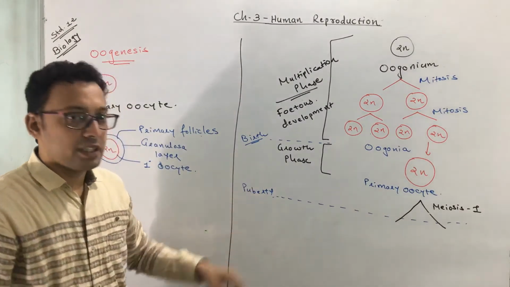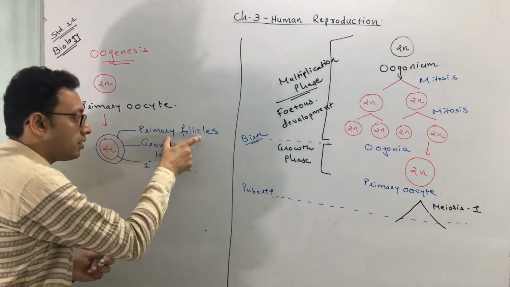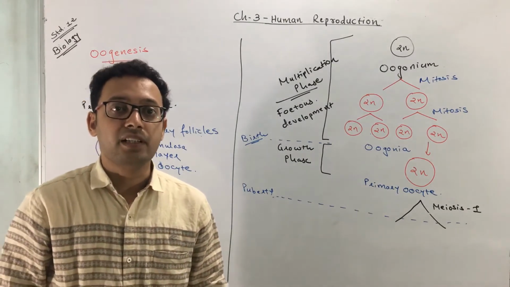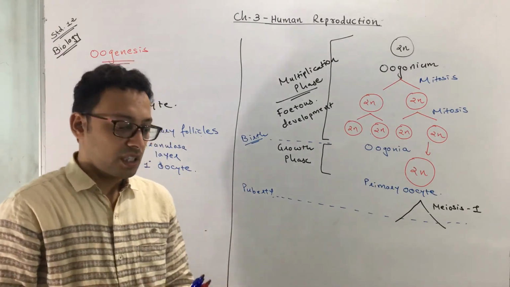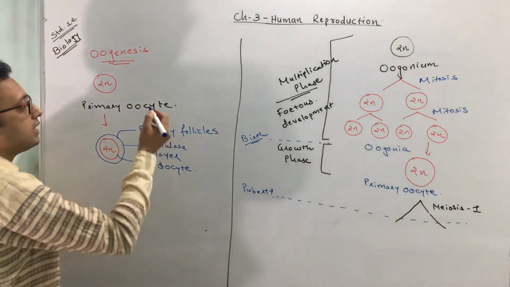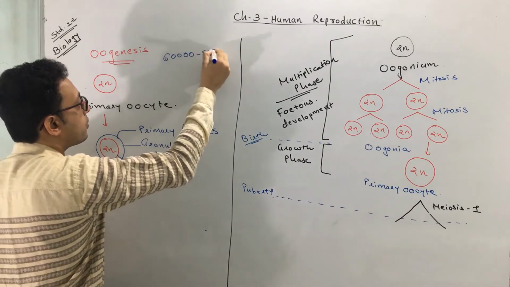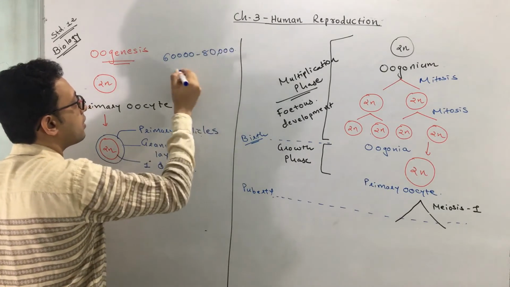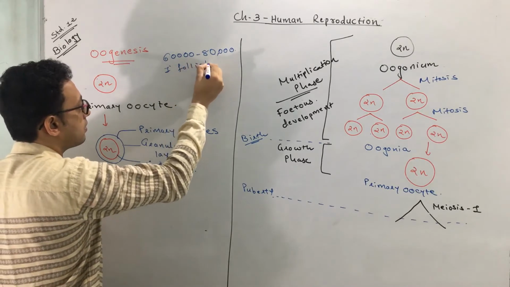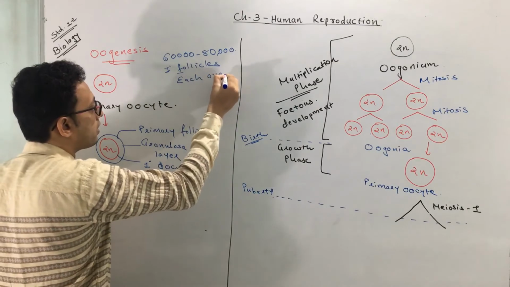Between birth and puberty, many primary follicles are formed, but many of them get ruptured. When it reaches puberty, how many are left? Only 60,000 to 80,000 primary follicles are present in each ovary.